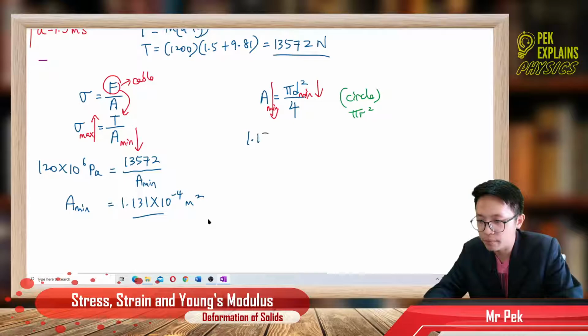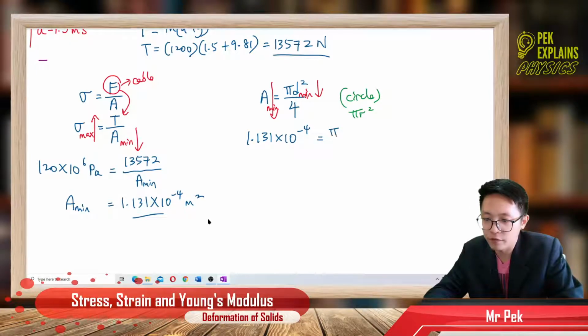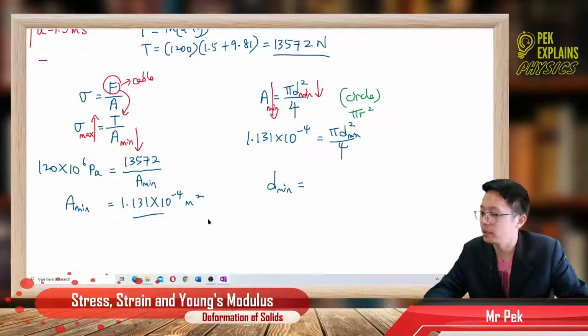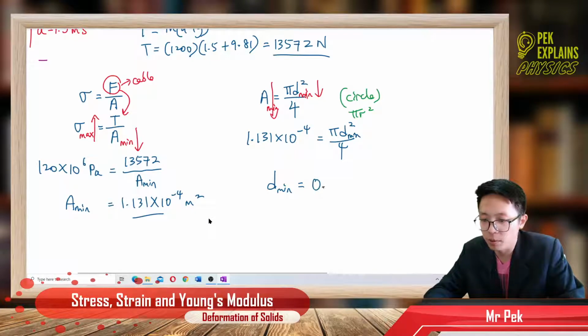Solve problems. Another easy question. So I can find the diameter already. This is the minimum diameter. You just cross multiply and you will get 0.012 meter.